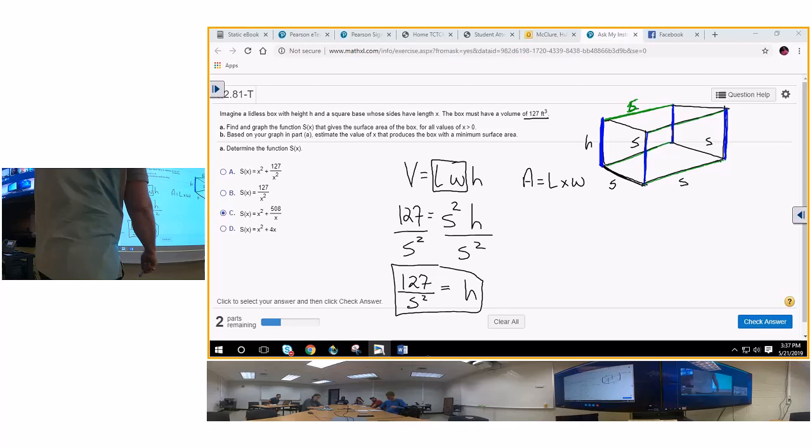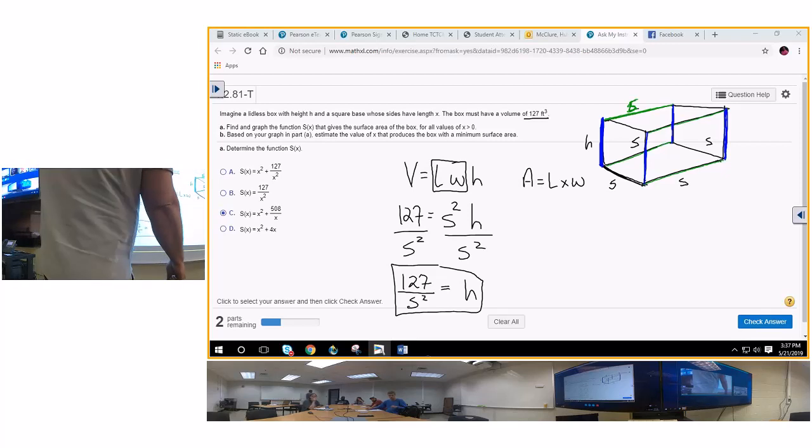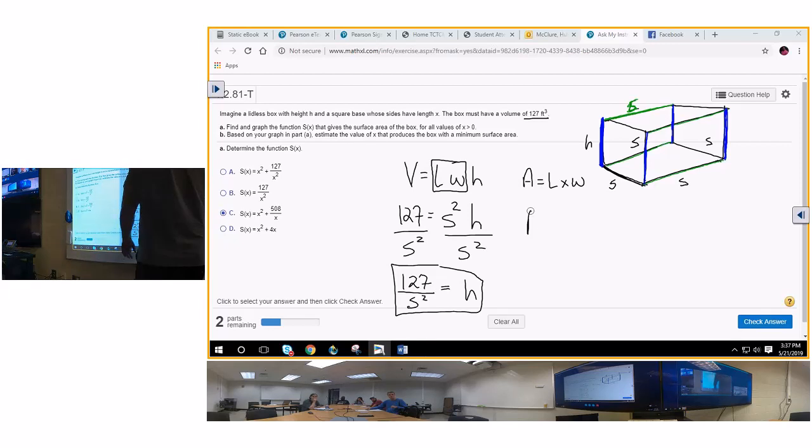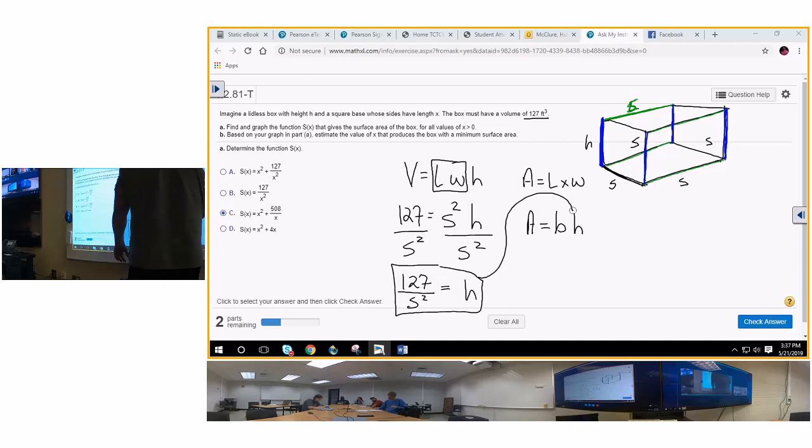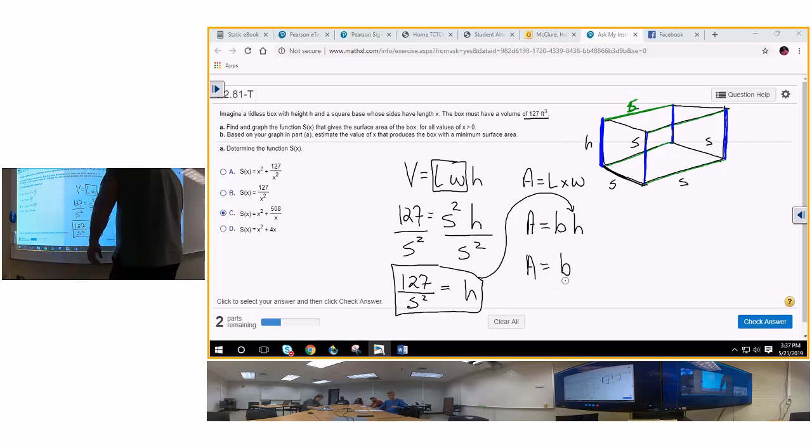Now, I think I know where this is going. So I think you're going to end up with A is equal to base times height. And then you're going to take this and plug it in for height, I think. So that's A is equal to base times 127 over S squared.